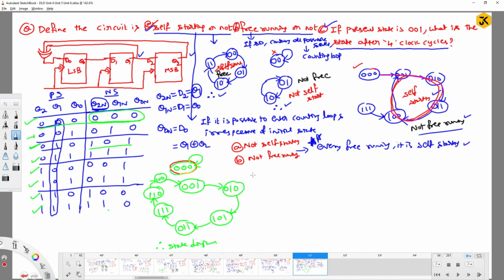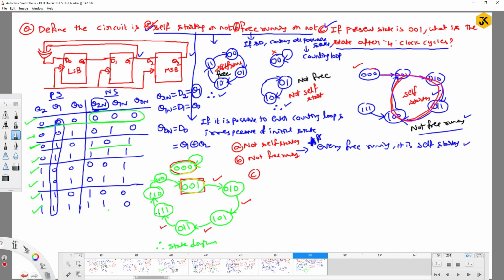Yes. What about question C? If the present state is 001, what is the state after 4 clock cycles? Right? So this is the first clock cycle, second, third, and fourth.